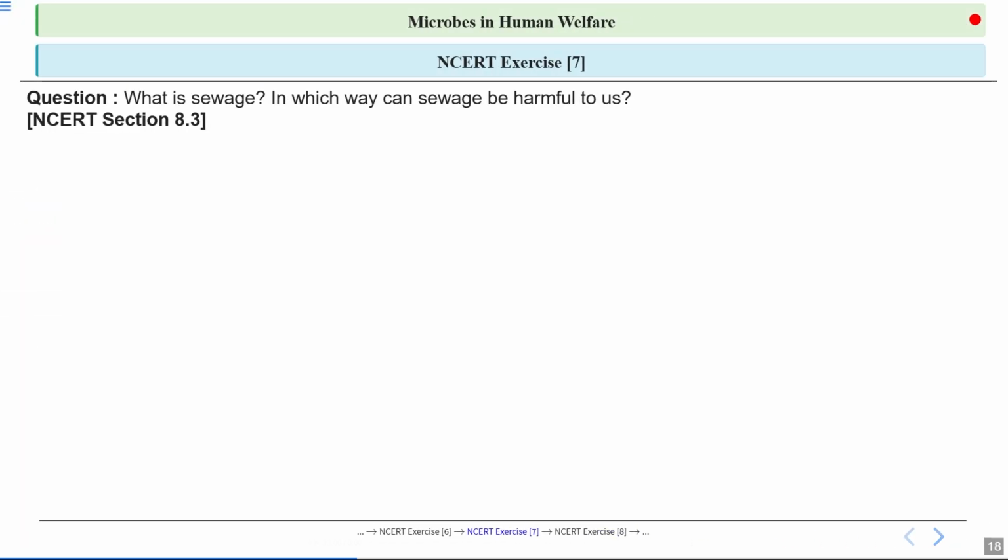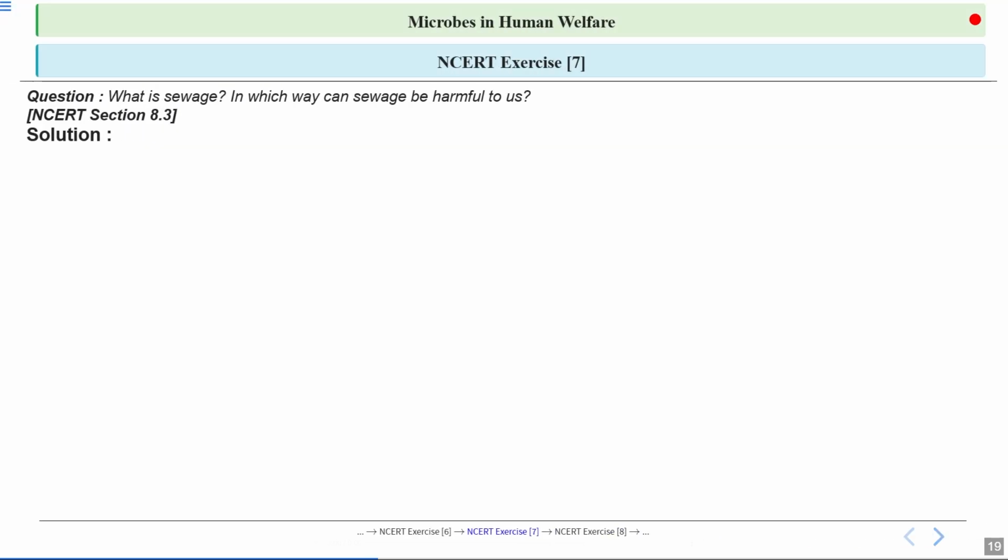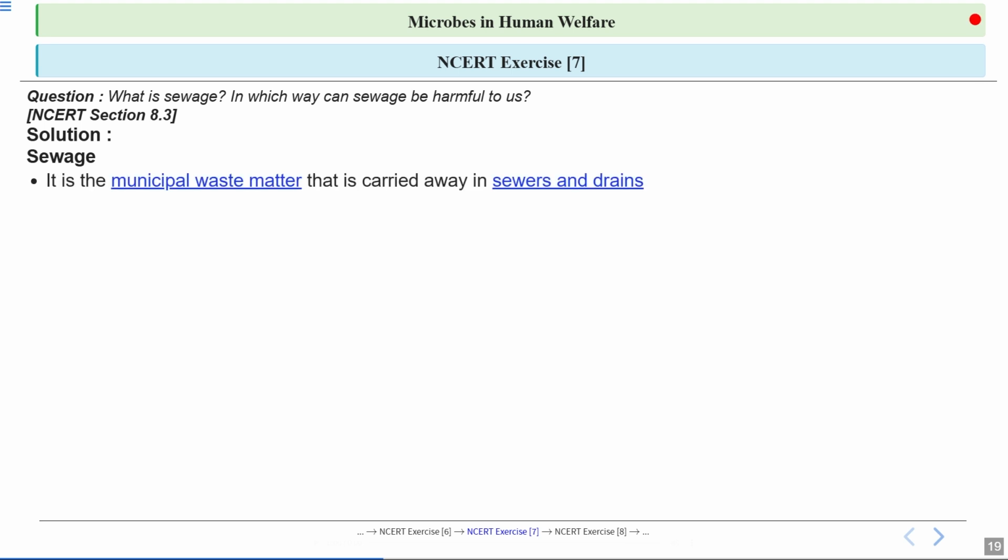Next question, what is sewage and in which way can sewage be harmful to us? Okay, so let's have a look at the answer. Sewage is the waste from homes and from other areas that is removed through pipes called sewers and the drains.